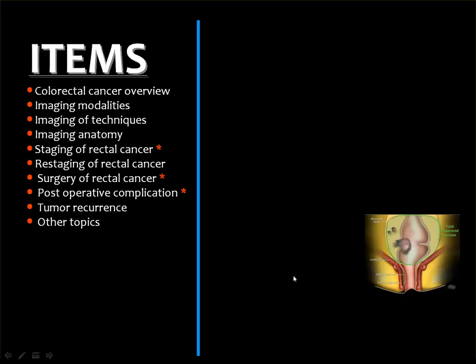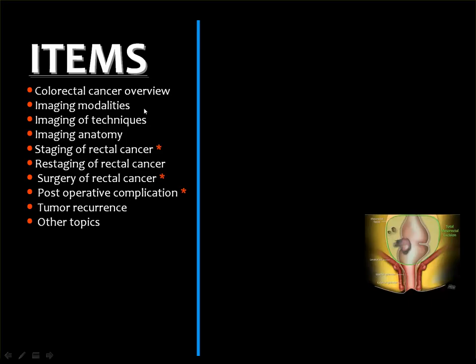Then we'll describe the anal and the perianal pathology, which will, I hope, be presented in two other sectors. Now in the first part of the rectal pathology, I would like to give an overview about colorectal cancer.